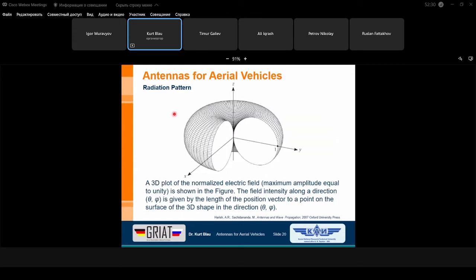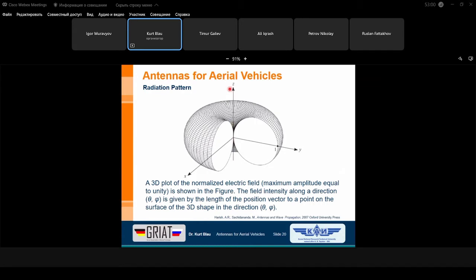But here, for a better understanding, we make a cut not completely through this toroid-like figure. We make a cut here along the x and along the y-axis, and the direction of the planes we have to look at is the z direction. Our dipole, again, is located here in this direction.